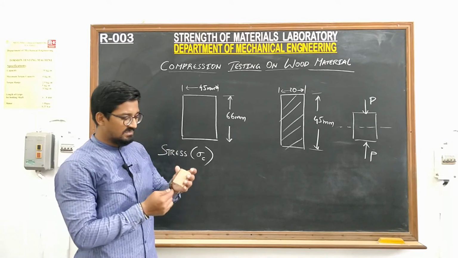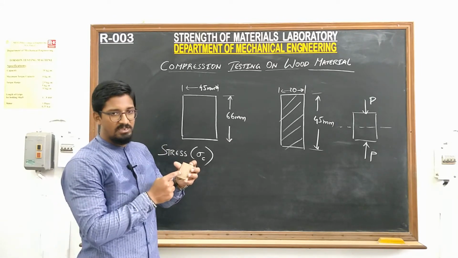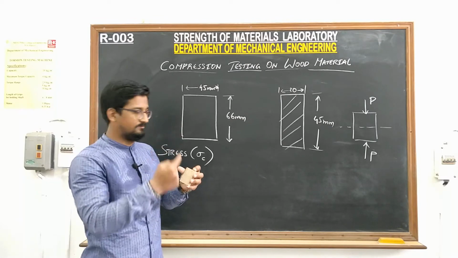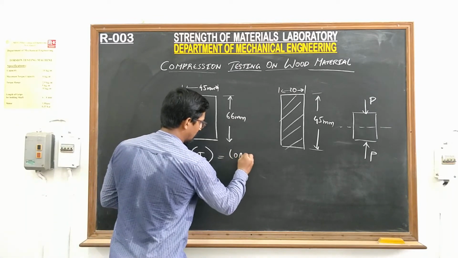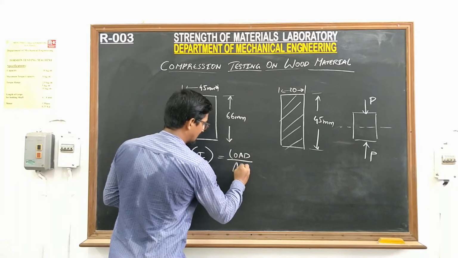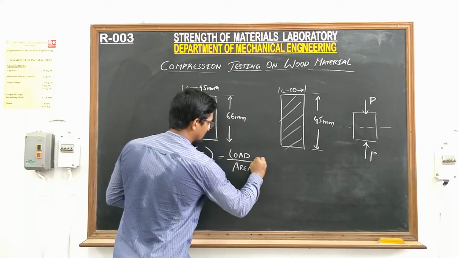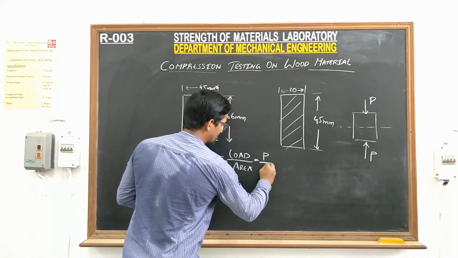So stress is the resistance provided by this body to the external loading. So sigma C will be equal to load upon area, where load is denoted by P and area is A.